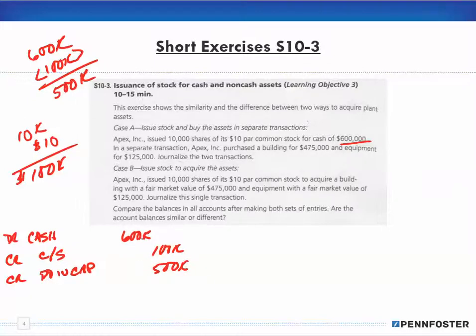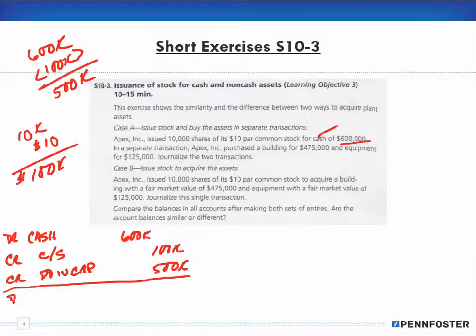Now they're going to take that. It says they issued the stock for cash, so they've received cash. In a separate transaction, Apex purchases a building for $475 and equipment.